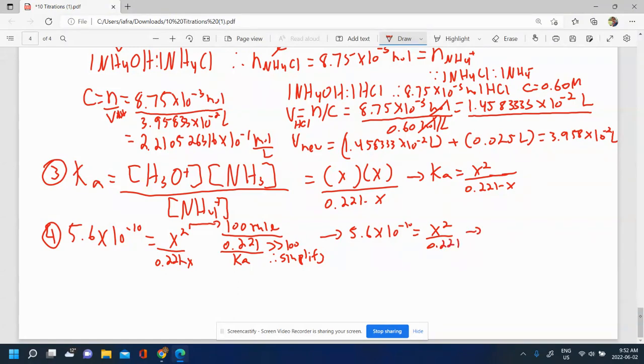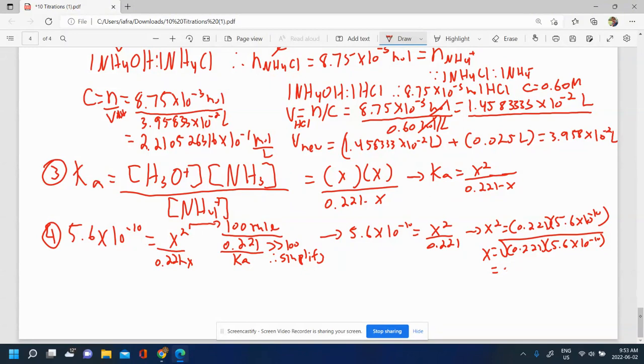And if we continue this, we get X squared is equal to 0.221 times 5.6 times 10 to the power of negative 10, because I'm isolating for X. And then this gives us X is equal to the square root of 0.221 times 5.6 times 10 to the power of negative 10. We'll do the square root of that.